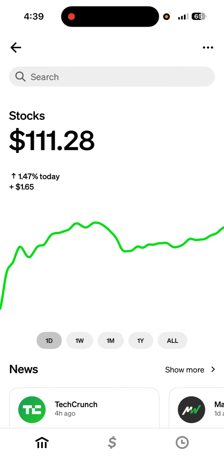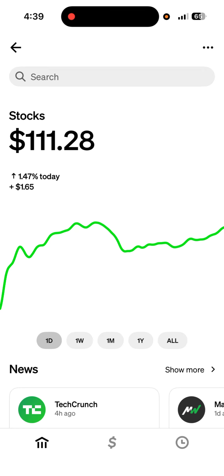It's very beginner friendly. So for those that are new to investing or don't really know or understand and want to get into investing, I feel like Cash App is a good platform to use, to learn and really understand investing for the first time. So I'm going to walk you through the Cash App investing platform.